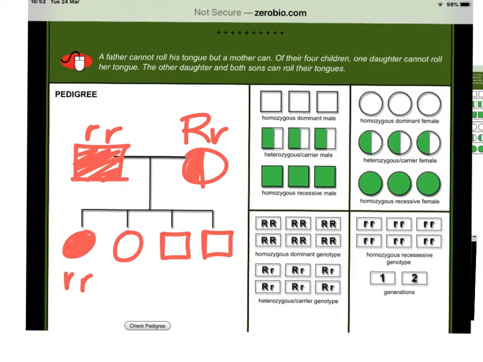Now, for the rest of them, we can all assume that they have at least one lowercase, seeing as the father is homozygous recessive, and then we can fill it in with an uppercase, seeing as they can roll their tongues. So this is for the first one.